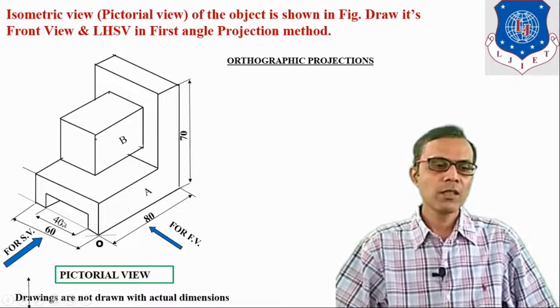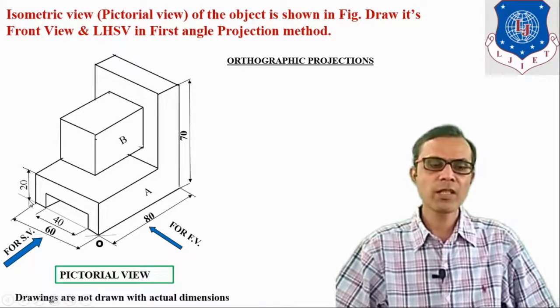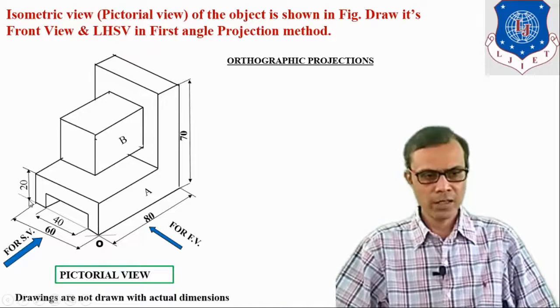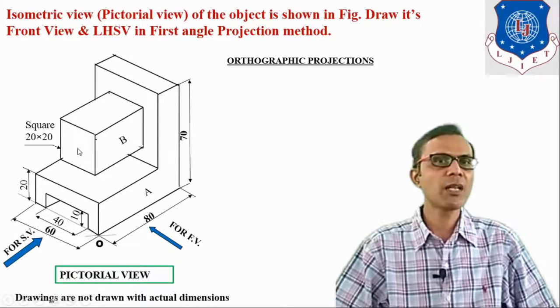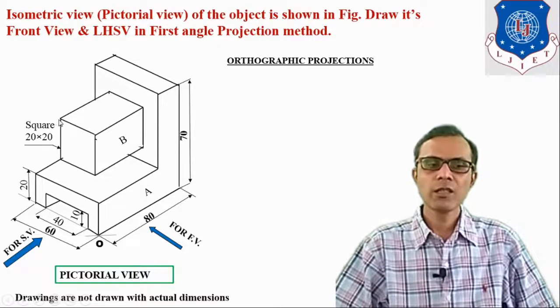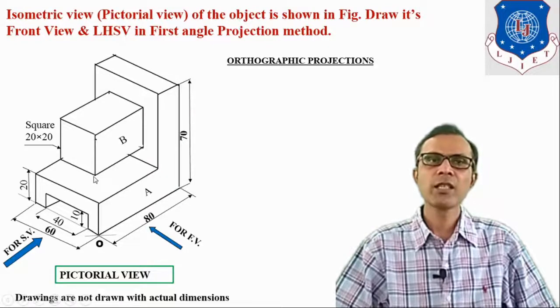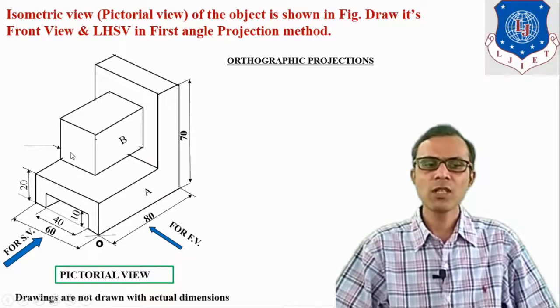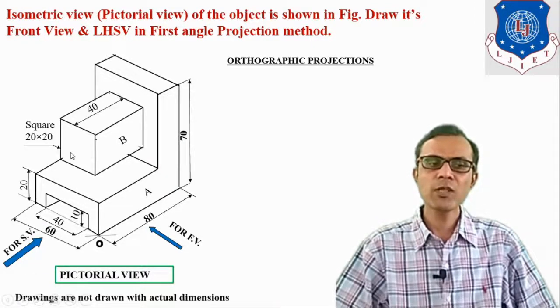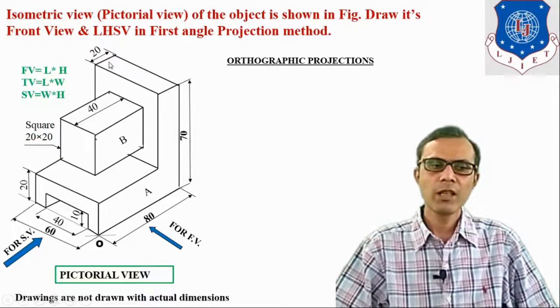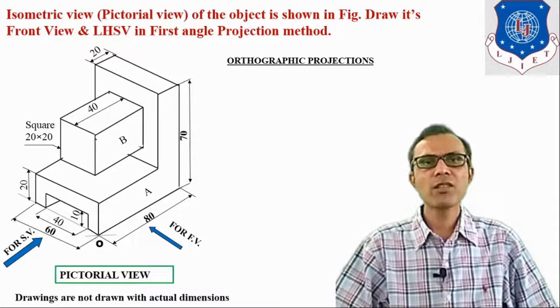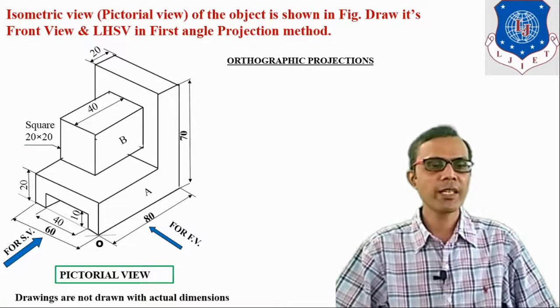Here the step height of this component is given as 20 mm, the side view, and the size of this square is 20 by 20. It means this width is 20 and this height is 20 for this block, but the length of this block is 40 mm. So these are the main dimensions: length, width and height.